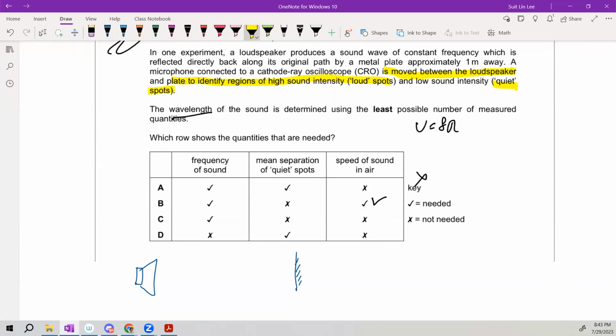Okay, I'm just going to draw some waves in between. Let's say you have some standing wave here. So this is your standing wave. You would be able to measure the loud sound here. There's another loud sound here because these are your antinodes. Of course, you could also measure the quiet sounds, which are your nodes. Also can.